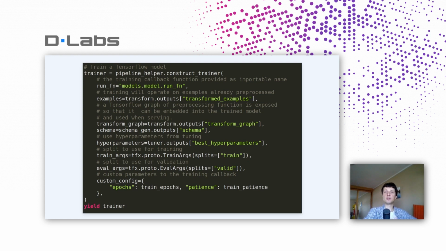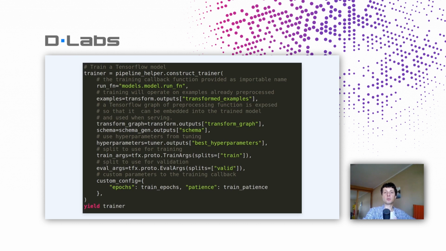We have defined this function in the previous episode. Then we are plugging in the transformed examples, the ones that are coming already from pre-processing. We are also plugging in the transform graph, so the code of the transform procedure. We are also plugging in the schema, the best hyperparameters from the tuner component.